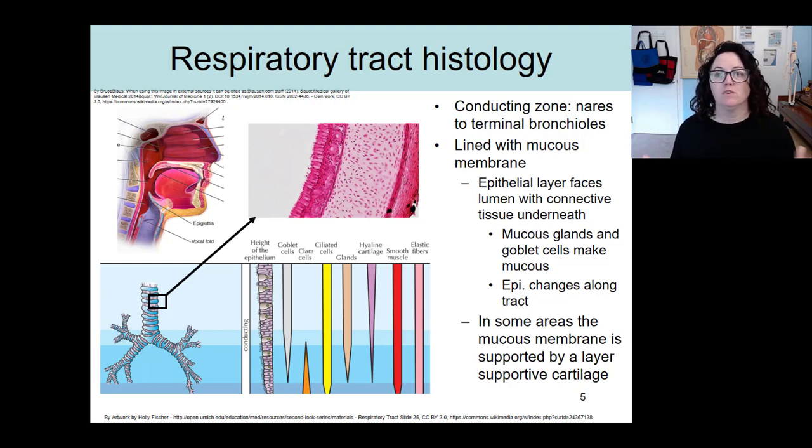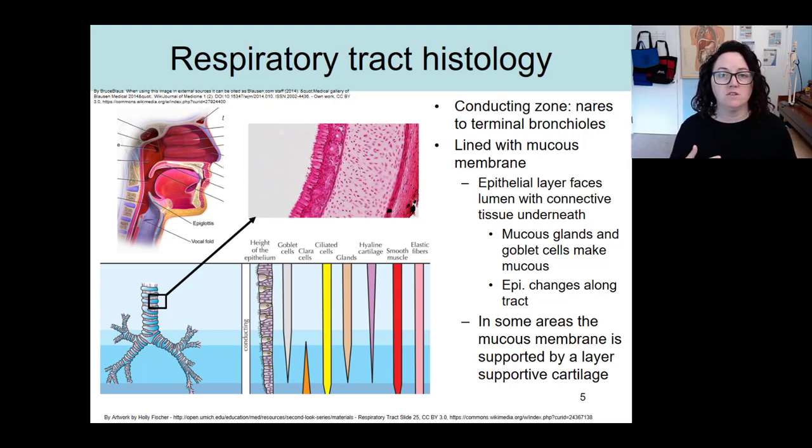In order to do that, we first need to talk about the fact that we separate the respiratory tract into two sections based on the physiology. We have the conducting zone and then the respiratory zone. The conducting zone is mostly just involved with conducting air to the respiratory zone, and then the respiratory zone is involved with actual gas exchange.